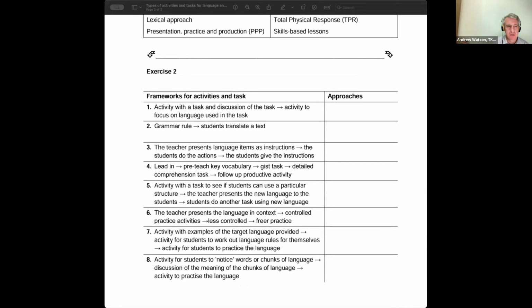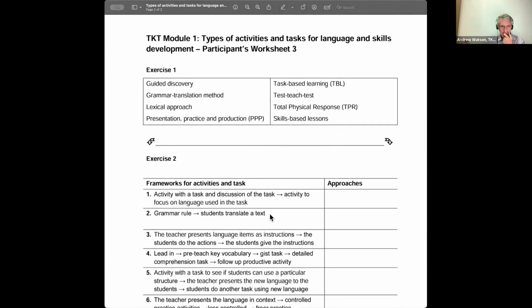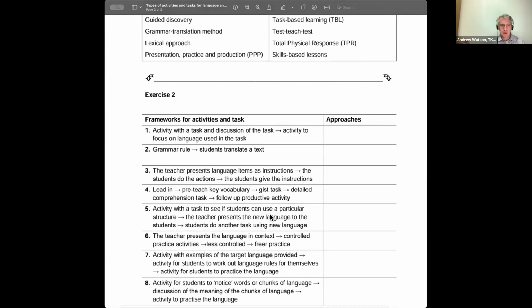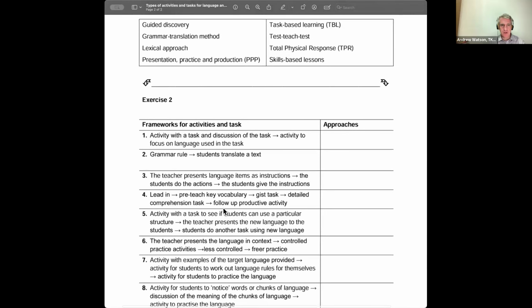Is that right? Could be. I think you're right, actually. Yes, because it says students do the actions. Okay. See if we can do the other ones.